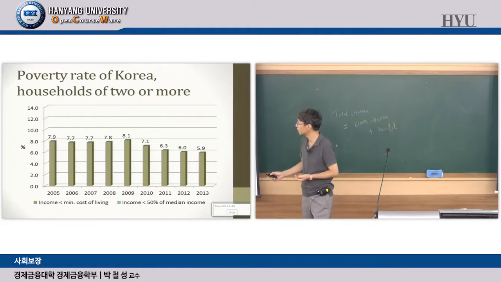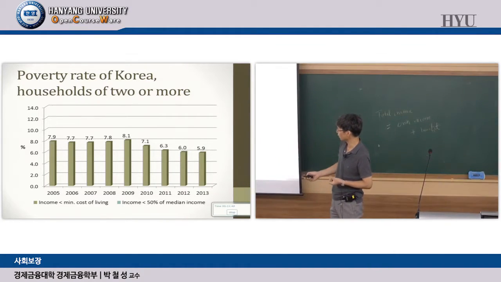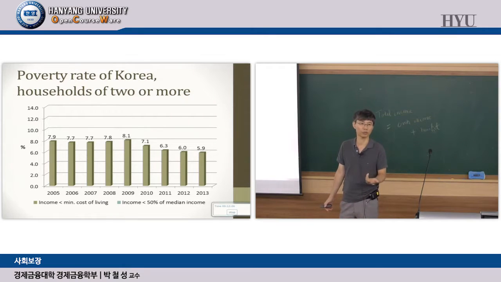So as you see, in Korea's case, up to 2010, it's around 8%. Now it has gone down, and it's 6%. Actually, making a statistic is not that simple, because there is a question of what income we should use. Your own income, but you pay tax, so there is after-tax income.